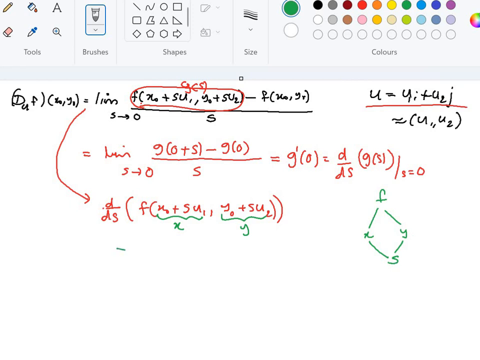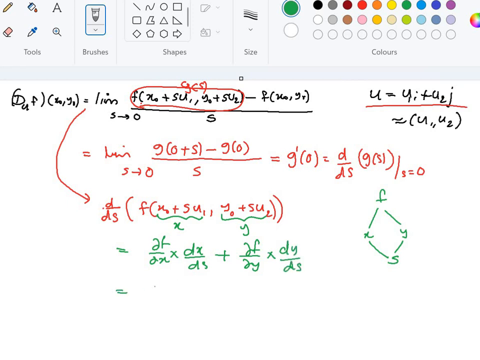So d by ds you can calculate using this expression, that is d by ds of f of x comma y, where x and y are functions of s. So now using chain rule, d by ds of this particular function can be written as ∂f/∂x into dx/ds, that is f to x and x to s, plus ∂f/∂y into dy/ds.